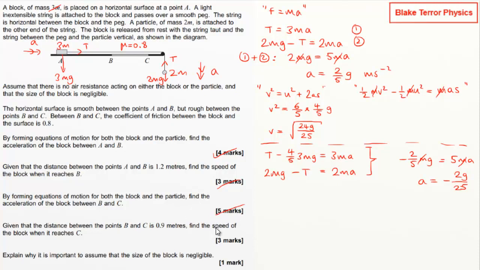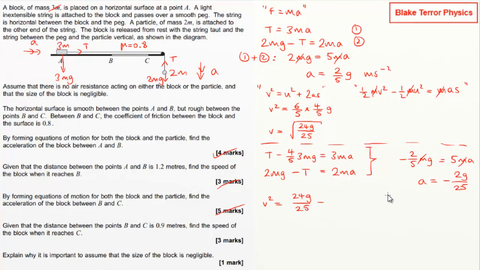Now we find the speed of the block when it reaches C. So we're doing exactly the same thing again that we had before. We've got that v squared equals u squared, which is now this old v, so 24g over 25, minus 2as.